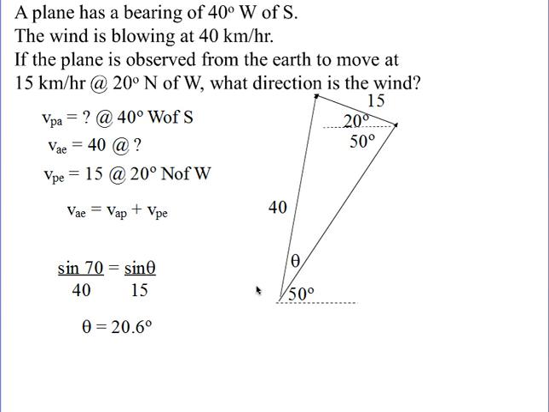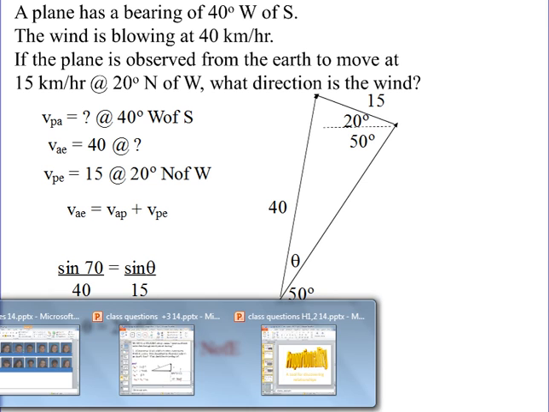Comes out that that angle is 20.6 degrees. But then I need to add that on to 50 because we always measure directions from a cardinal direction. And so the 20.6 added on to 50 gives me that it's going to be going at 71 north of east. That's the way to do that problem.